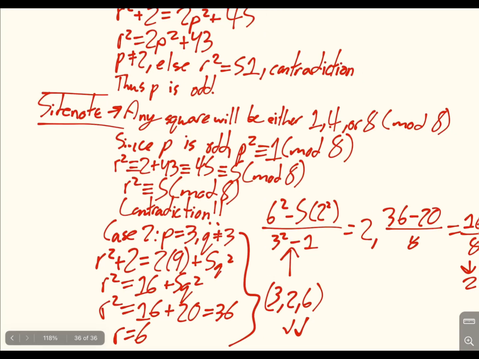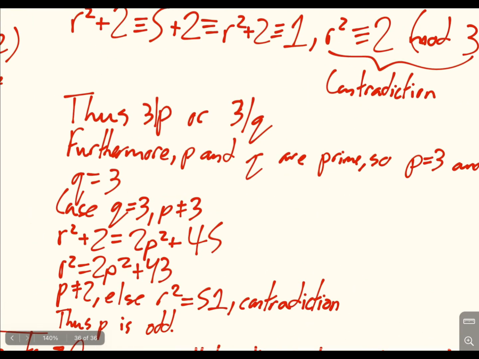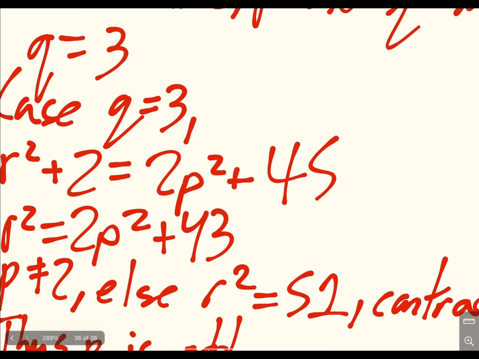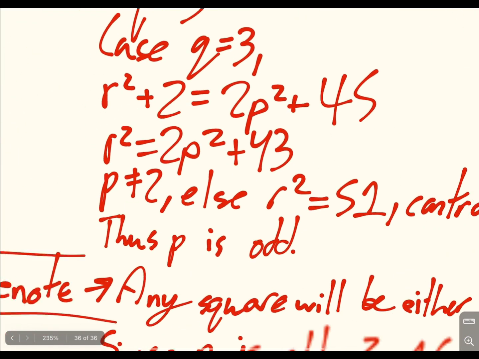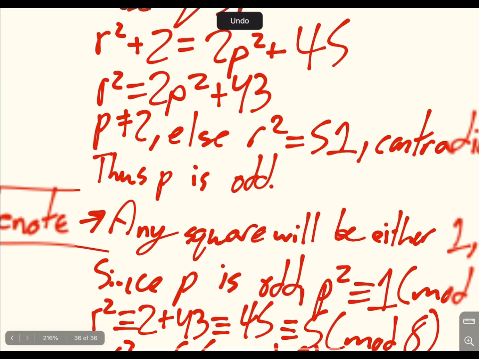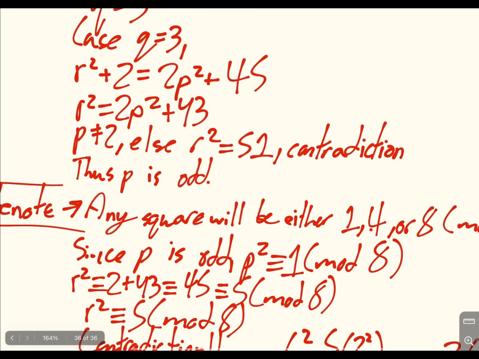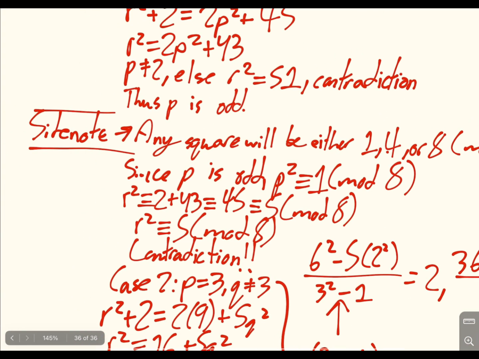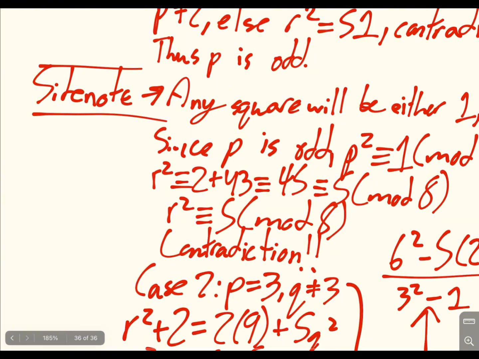Also, I just realized, even if p is equal to 3 here, it's still not going to hold, because if we say p is equal to 3, that means p is going to be odd, and then that means that it's going to lead to this contradiction even if p is equal to 3.